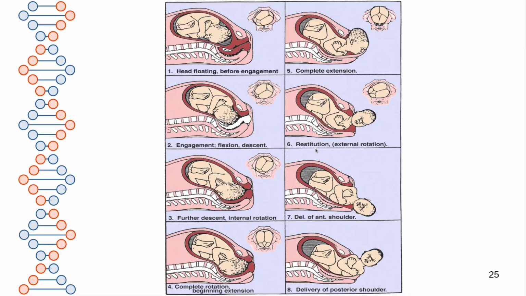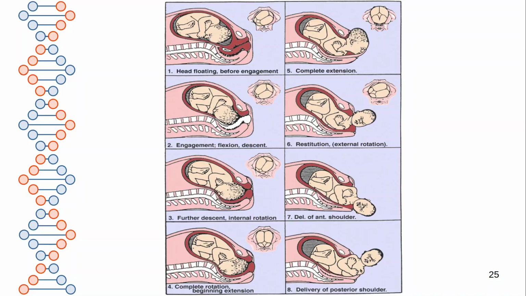After complete extension comes restitution, that is external rotation. Once the head extends and comes out, the head rotates: external rotation of the head. Then delivery of the anterior shoulder, so one shoulder is delivered. Then delivery of the posterior shoulder.